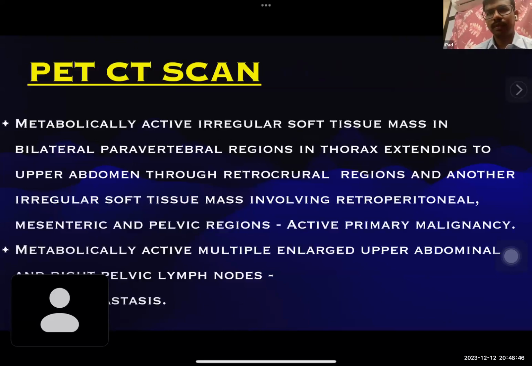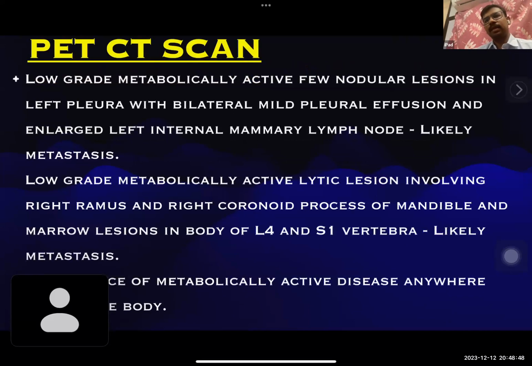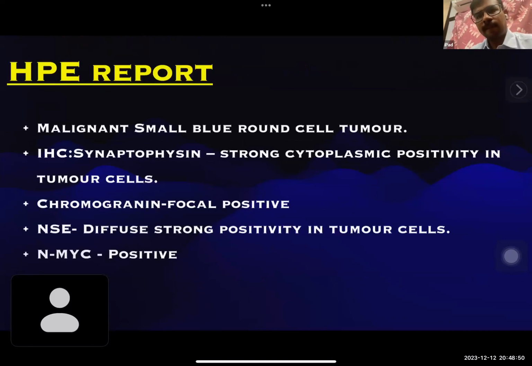Yes, ma'am. The biopsy report came as a small round blue cell tumor, with synaptophysin strong nuclear and cytoplasmic positivity, chromogranin focal positivity, and neuron-specific enolase diffuse strong positivity. The MYCN amplification was also done, which was positive.